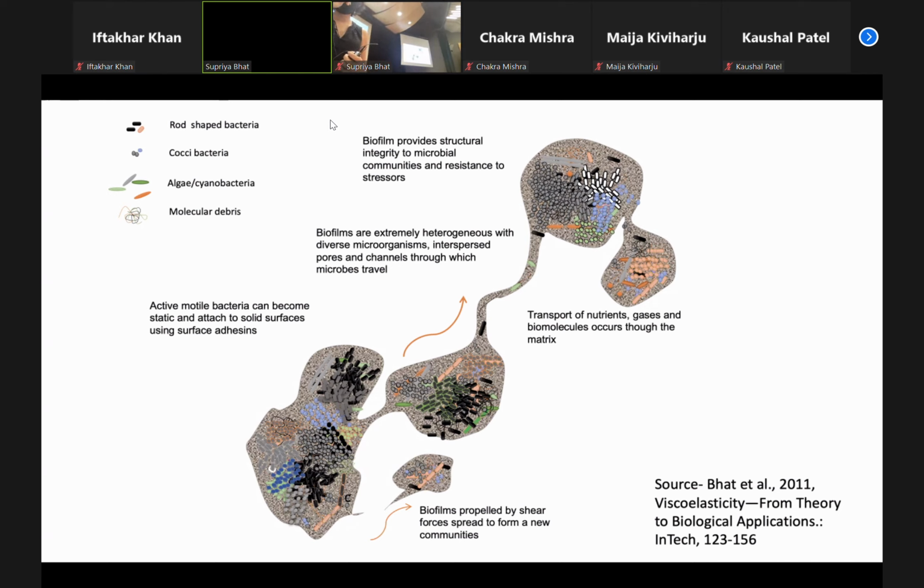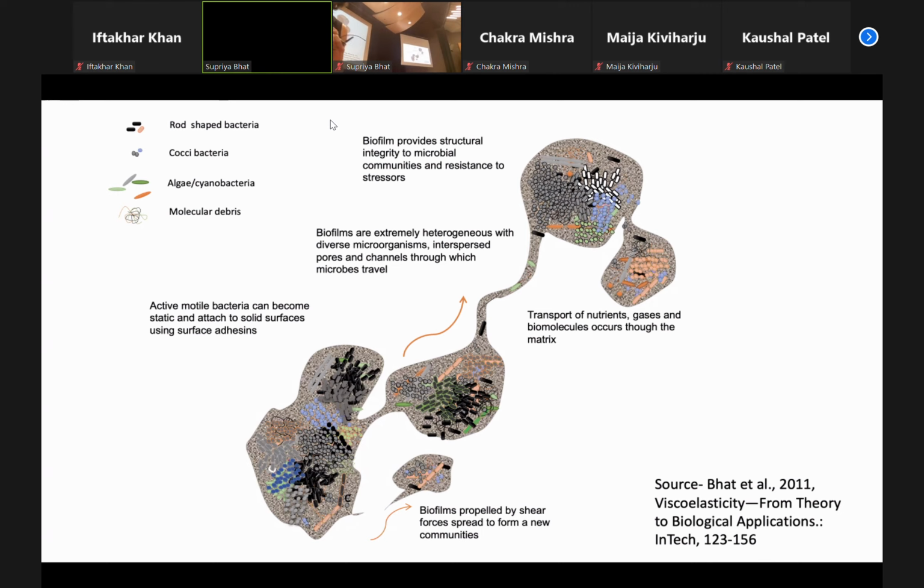So this is a figure that I had made for one of the book chapters. It talks about how a multi-species biofilm is formed. So active motile bacteria can become static and attach itself to a solid surface using surface adhesins or pili or slime layers.